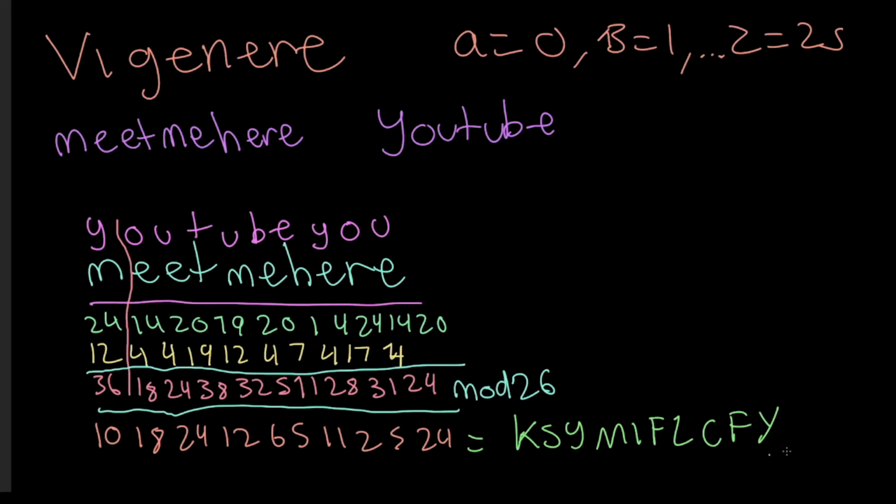So now it's time to decrypt our ciphertext. First off, just like with our encryption process, we need to assume A is equal to 0, B is equal to 1, Z is equal to 25. It's a funny looking Z. Okay. So we're going to place a repeating key underneath, then find the difference between the two numbers. All you're doing is subtracting the key from the ciphertext.